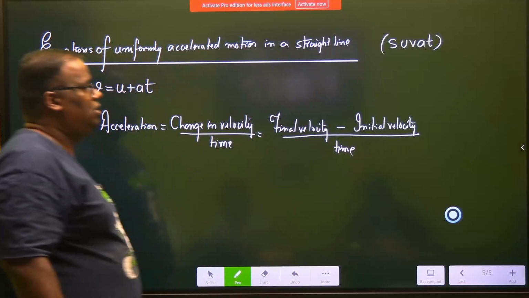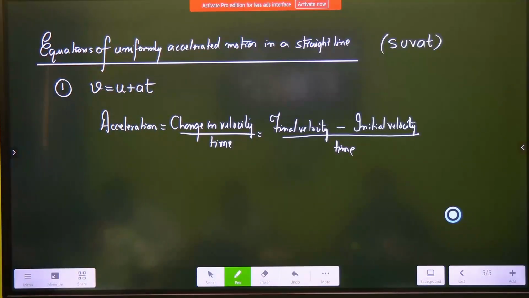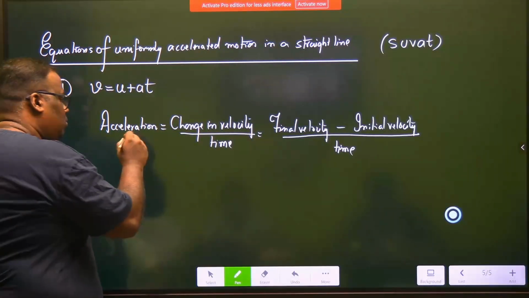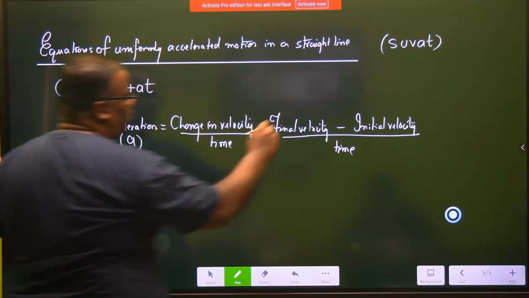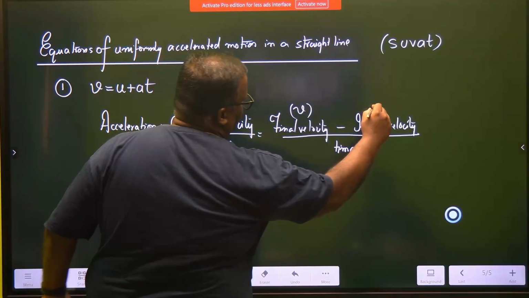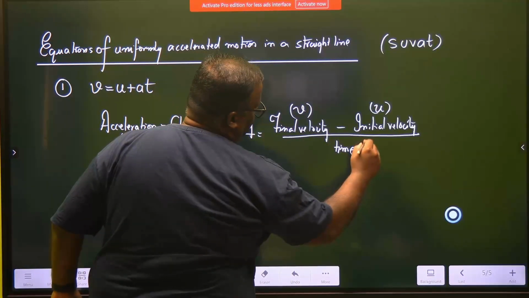Change is always final minus initial. Acceleration is denoted by A, final velocity by V, initial by U, and time by T.